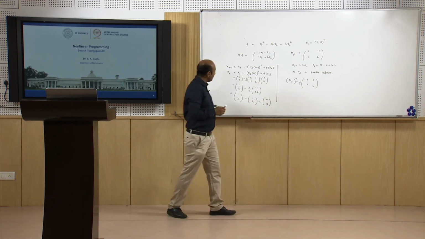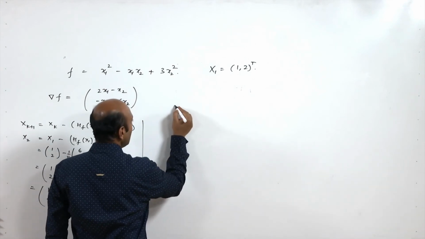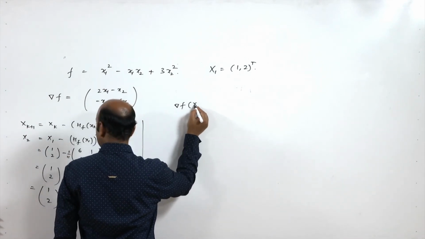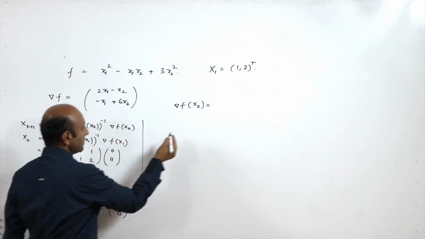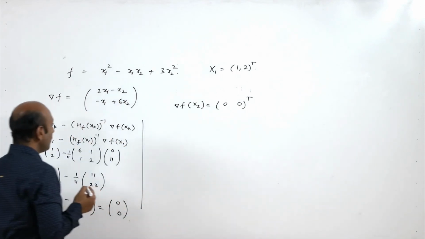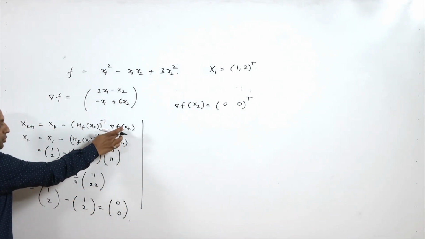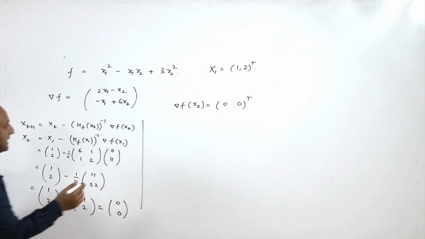Now, when you compute x3, what is the gradient of f at x2? When you put (0, 0), it is 0, and of course, (0, 0) into this will be 0. So, x(k+1) will be xk, that is, x3 will be x2.